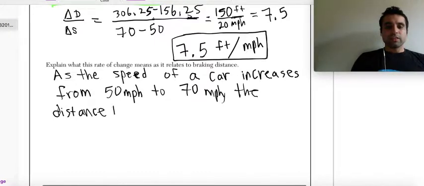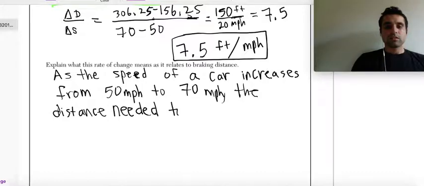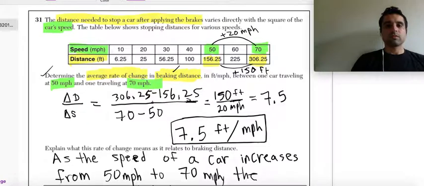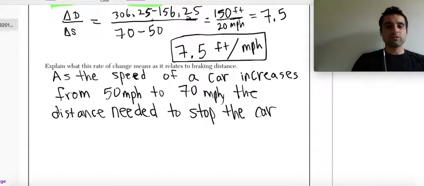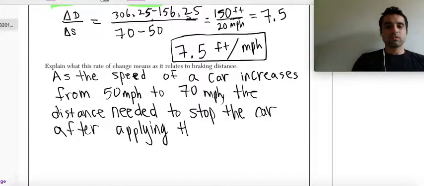That's what the braking distance is. After applying the brakes, since it's a positive, right, and that makes sense, it increases.